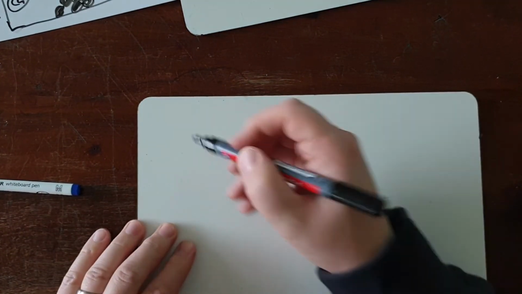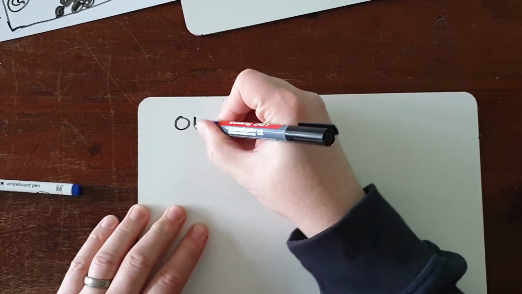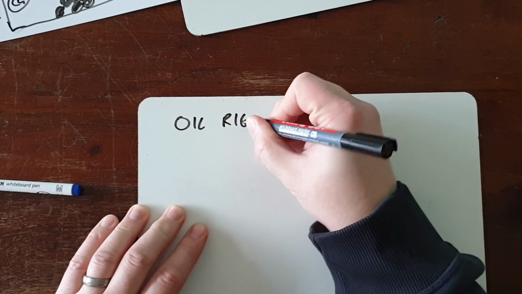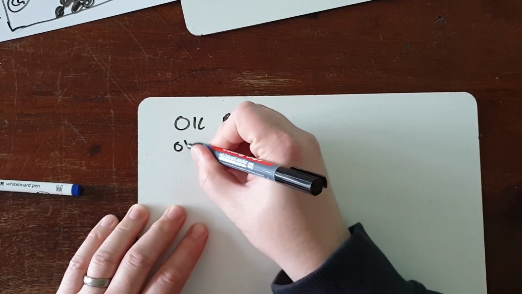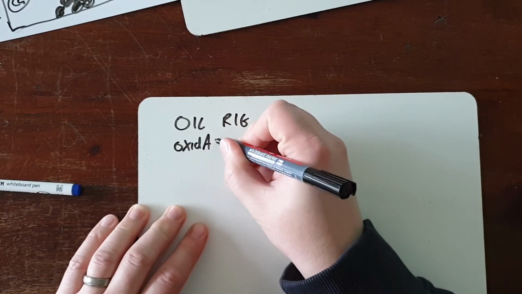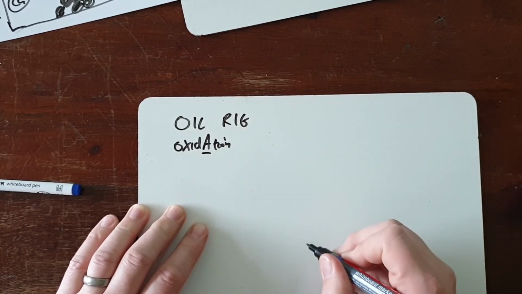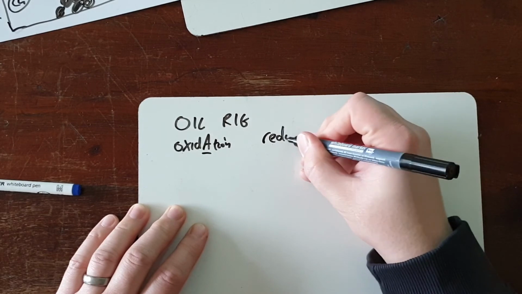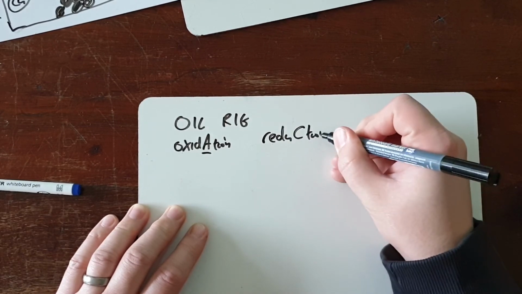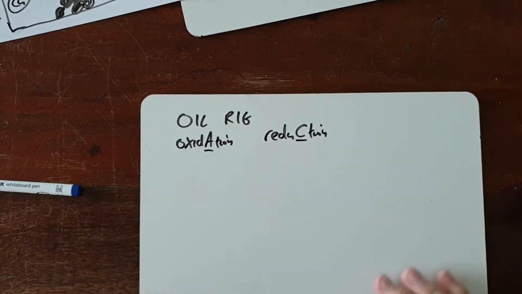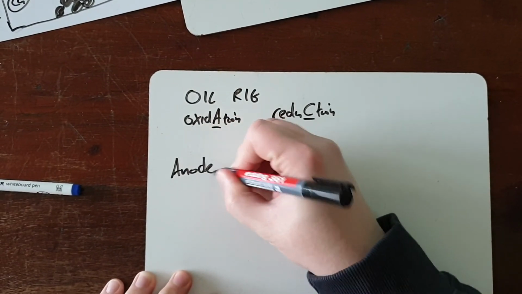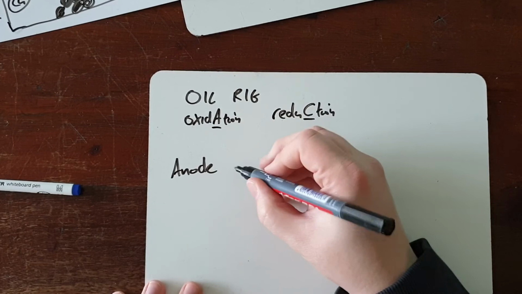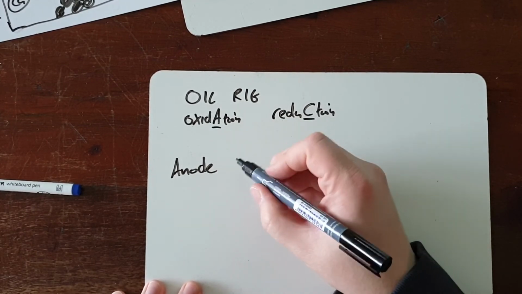So to summarize that, it all comes down to OIL RIG. Oxidation is loss, reduction is gain. And oxidation happens at the anode, reduction happens at the cathode. So at the anode, we've got oxidation happening. So we're losing electrons.